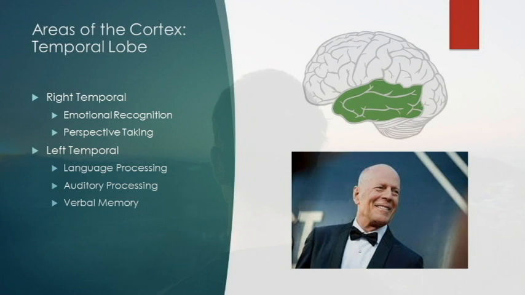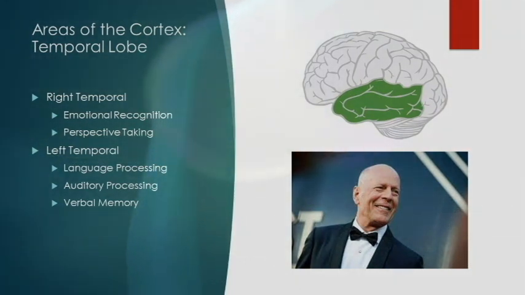So it suggests that it contributes to emotional interpretation. Patients with damage to the right temporal lobe will also often exhibit deficits in recognizing emotions from facial expressions and body language. This highlights the critical role that this region plays in understanding and responding to emotional signals.